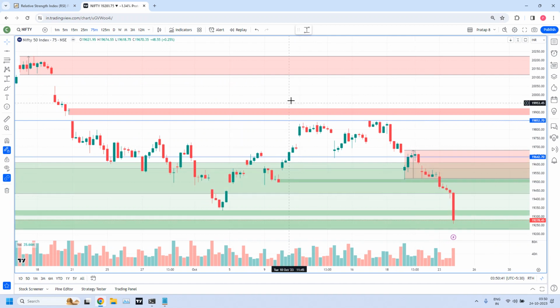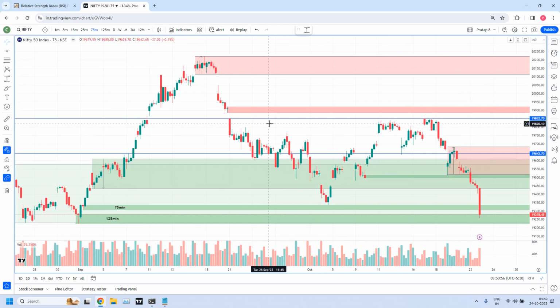So what is the point I told you regarding the high liquidity zones? When they fail, if there are no more fresh zones in lower time frames... This is a daily high liquidity demand zone, but we are looking for lower time frame fresh zones inside this zone.